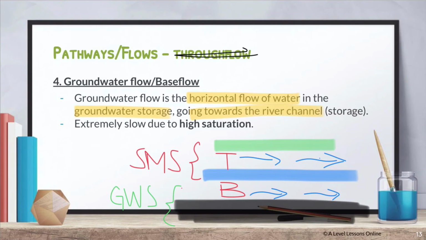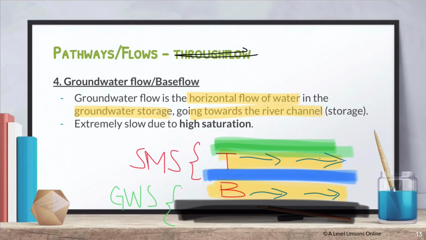So think of it this way. This is the top of the soil. I have another level over here. And then I have the rock bottom, down here. Basically through flow is all of the water that goes within this layer here, so it goes towards the river channel. Up here is through flow, and down here is going to be base flow.